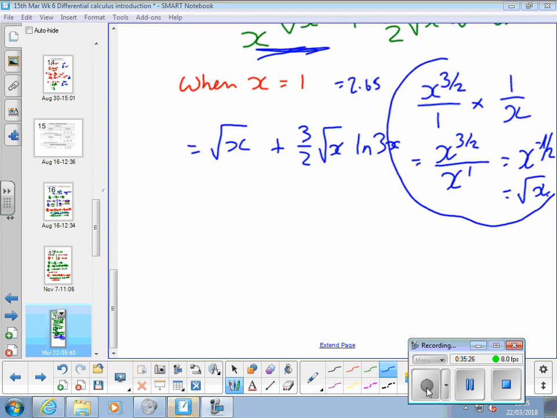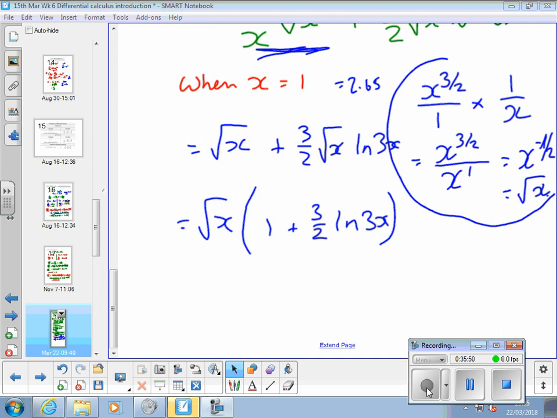As there, he's taken square root of x outside some brackets: 1 for that bit plus 3 over 2 ln 3x. That's where the simplification comes from. Anyway, we must move on, but it flags up it needs practice.